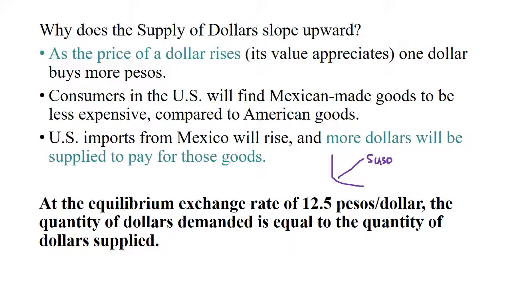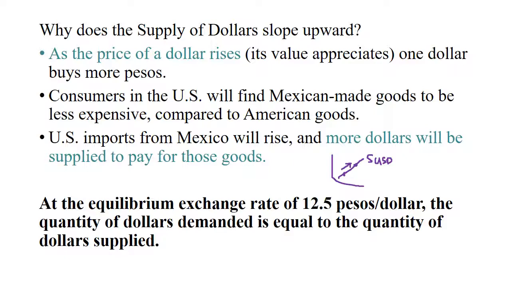So as the price goes up, we move along the curve here, the dollar appreciates. We can see the price of it is rising, so $1 is worth more pesos. Consumers in the US, because it applies from their perspective, if the dollar appreciates, it's stronger, then Mexican products seem comparatively cheaper.